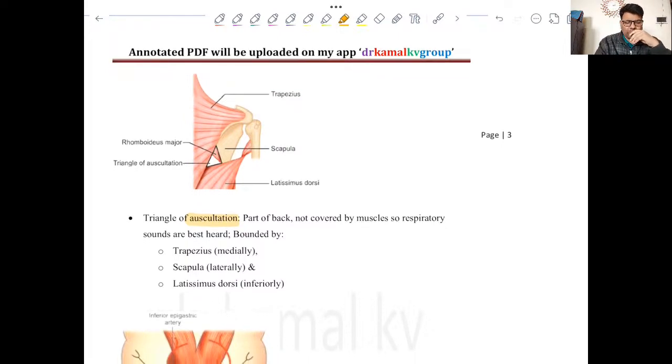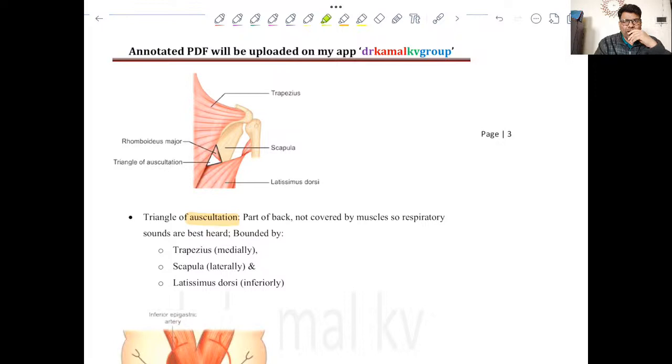So actually he is putting the stethoscope at an area where the respiratory sounds can be heard better, as there is no muscle covering. So that triangular area is the triangle of auscultation. Now it is bounded medially by the trapezius.